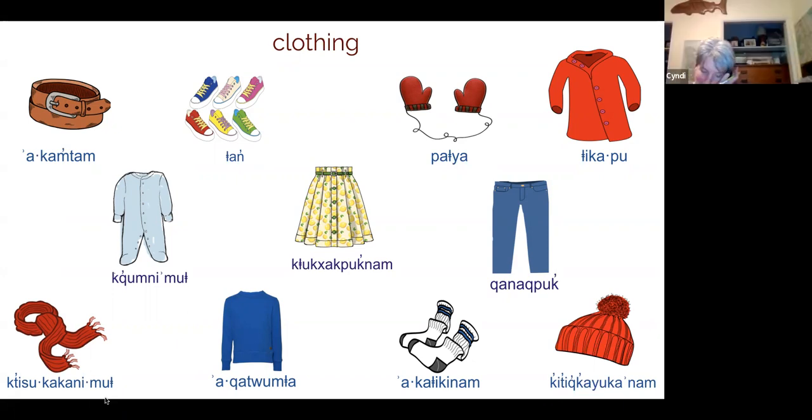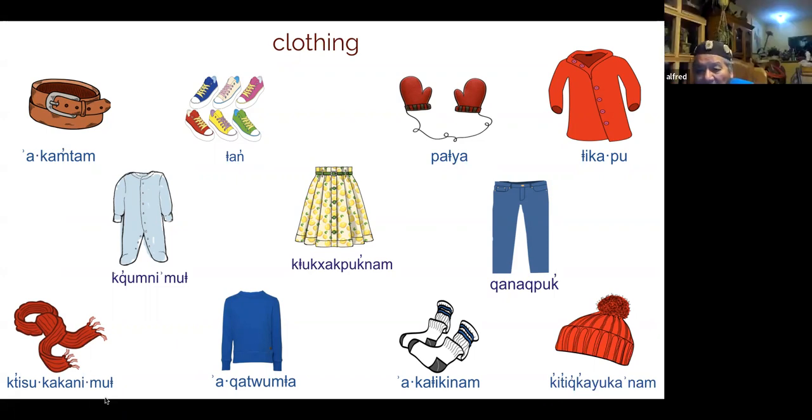Kitik, ayuka. Ayuka is the word for hat, and kitik means stretch, to be stretchy. So a stretchy hat. And the nam just means nobody in particular, no ownership.